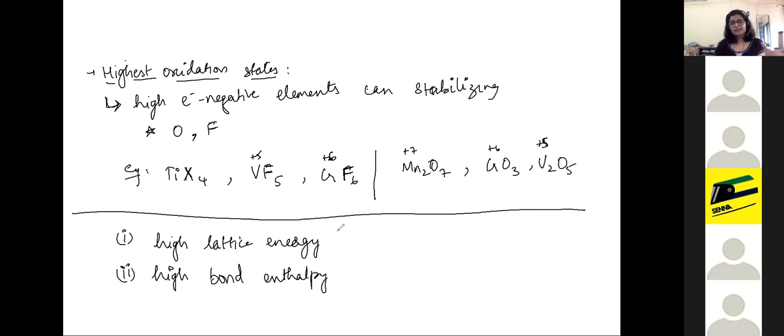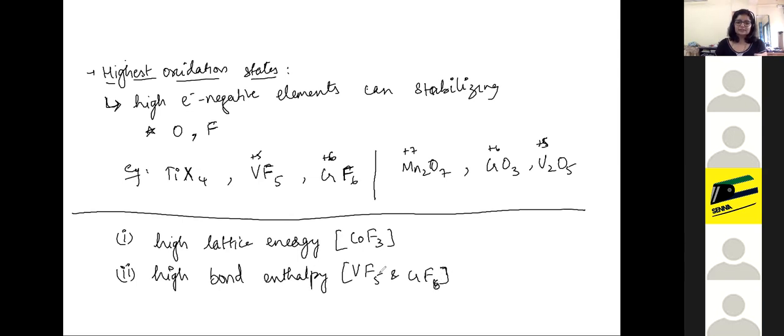So the high lattice energy factor is displayed in cobalt trifluoride, and the bond enthalpy factor is displayed in VF5 and CrF6. Okay.